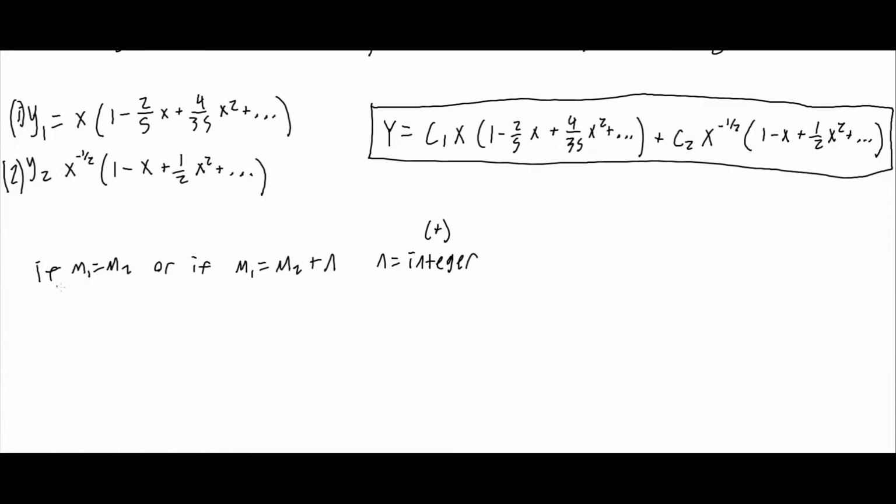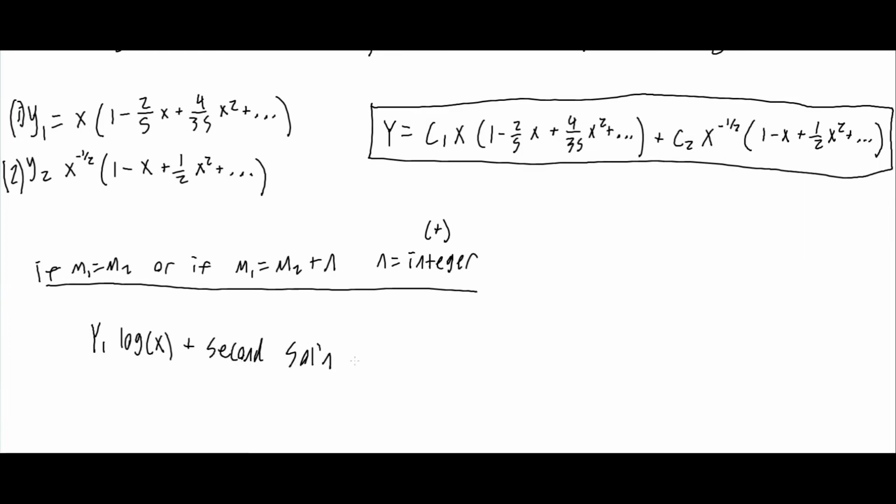If we have this though, then there might not be a second solution, or it's possible that the second solution has some added term to it that is y1 multiplied by the logarithm of x, plus our second solution, which once again would have the form of x to the m2 times our a naught plus a1 x plus a2 x squared and so on.